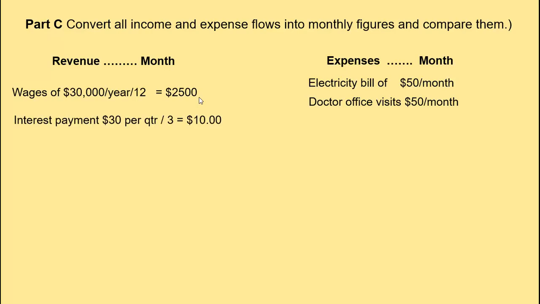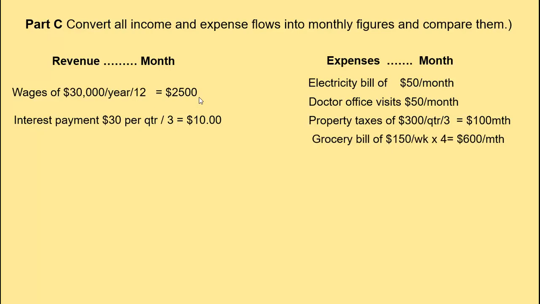Interest payment of $30 per quarter. Of course, in a quarter there are 3 months, so that would be $10 a month. Property taxes, $300 a quarter, and you divide that by 3 because there's 3 months in a quarter, so that'd be $100 a month. Grocery bill, $150 a week times 4 weeks, $600 a month.